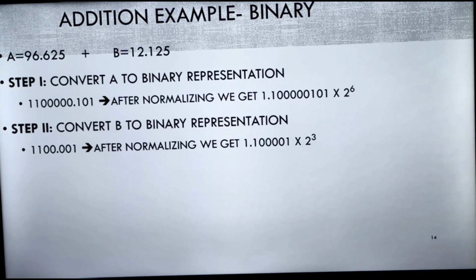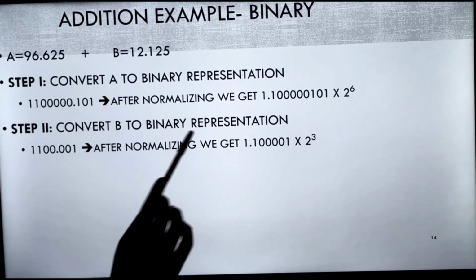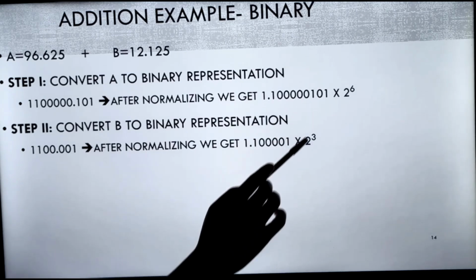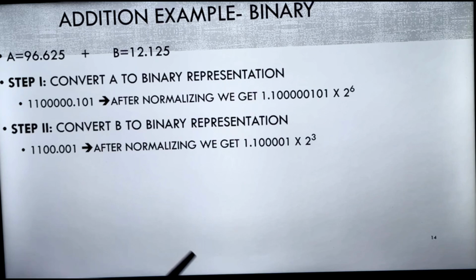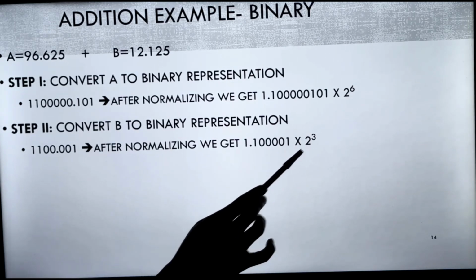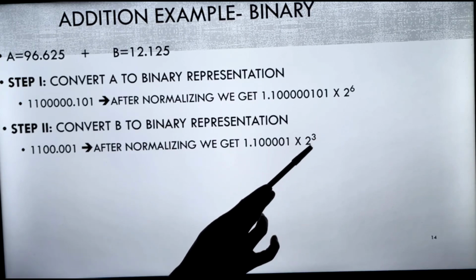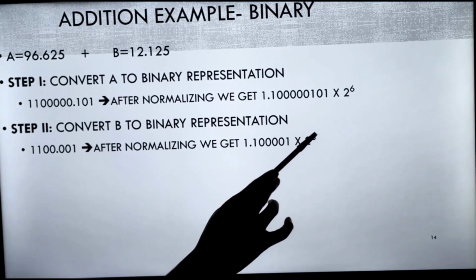So what we have to do is make this 3 also 6. I mean, for both the numbers, the exponent of 2 should always be the same and the exponent should be that of the largest number. We cannot make it 3. We have to make it 6. You understood that, right? Because 6 is the largest one, I will make it 6.